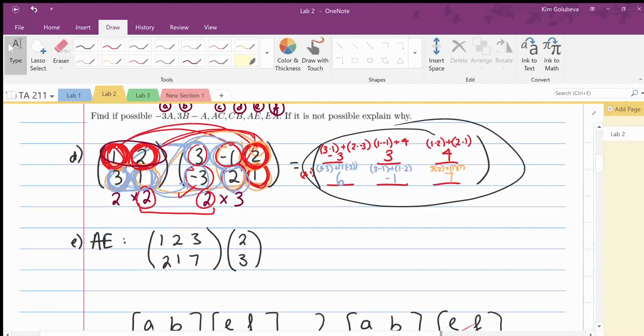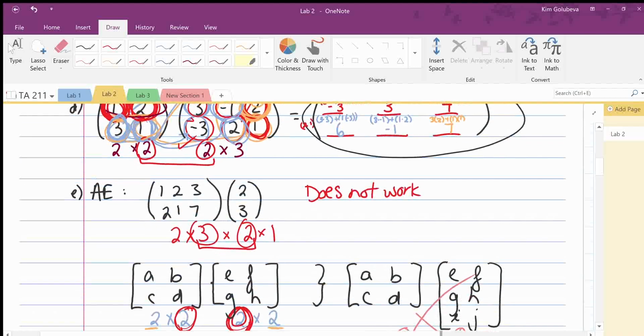So let's check these dimensions. So we have 2 by 3 by 2 by 1. So we check right here, and we notice they don't match, so this does not work because the dimensions don't match.